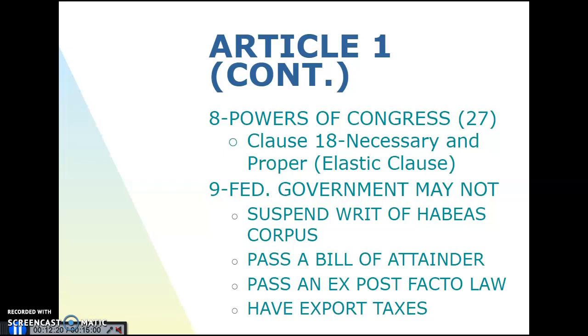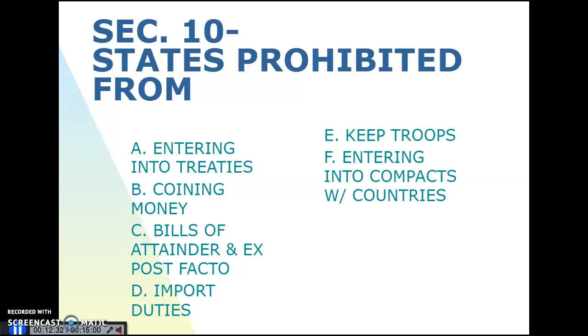Okay? And the last thing here, the federal government cannot have export taxes. Export taxes are taxes on goods going out of the country. Okay? And the last section is going to be section 10. This says that states are prohibited from doing these things: entering into treaties, coining money, bills of attainder, ex post facto laws, import duties.